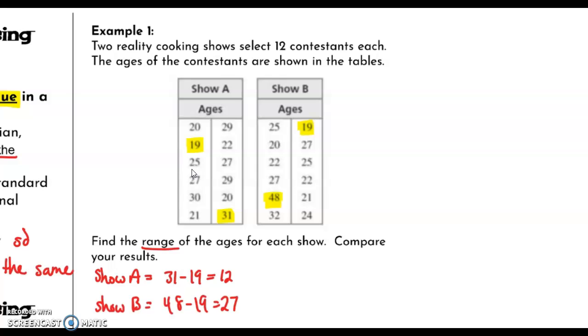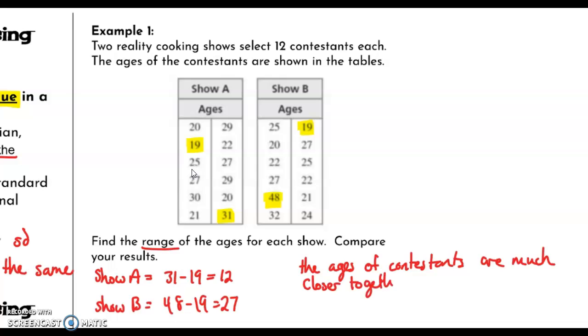If the range on show A is 12 and the range on show B is 27, that means the ages of the contestants are much closer together, closer to the same age, in show A than in show B. And that's because the range is smaller. That's how I know they're closer in age.